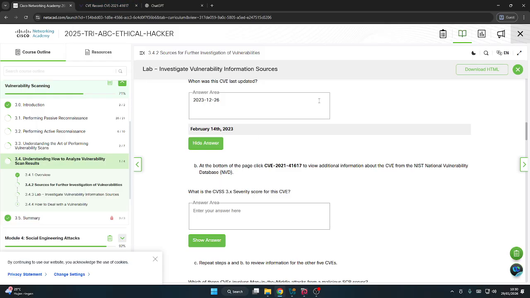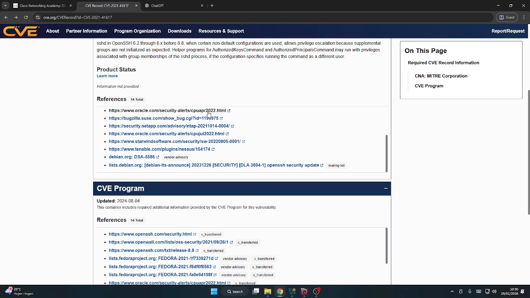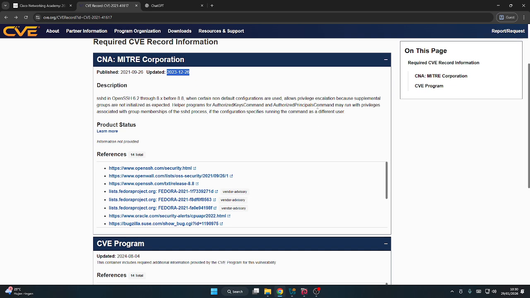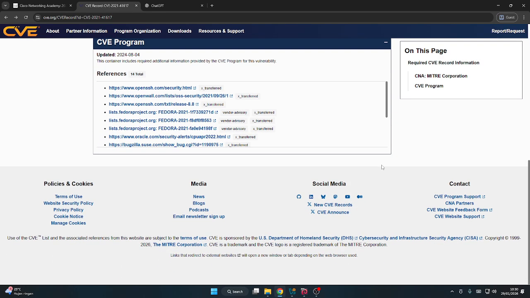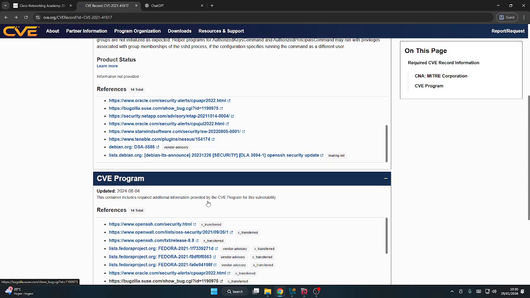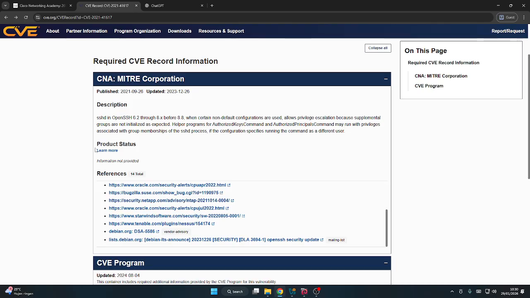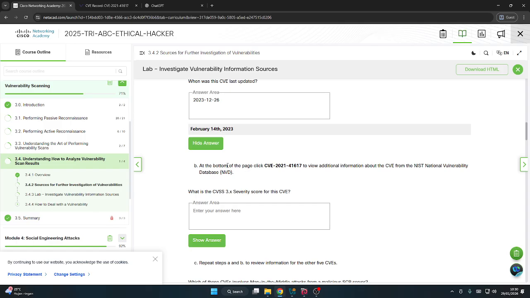Additional information about the CVE. I think bottom of page, additional information.